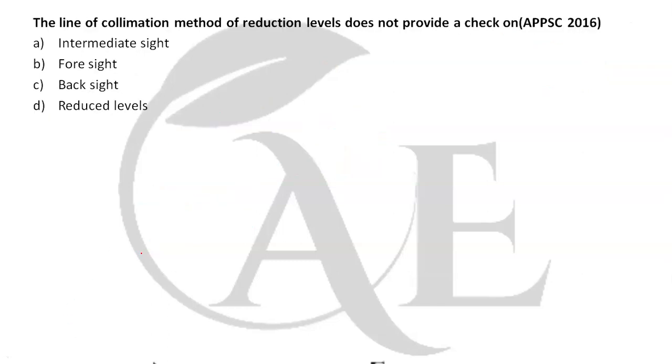Next question. The line of collimation method of reduction of levels does not provide a check on. The line of collimation is also known as the line of sight.